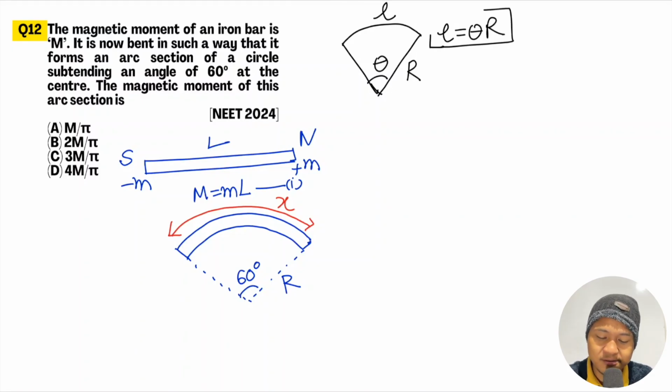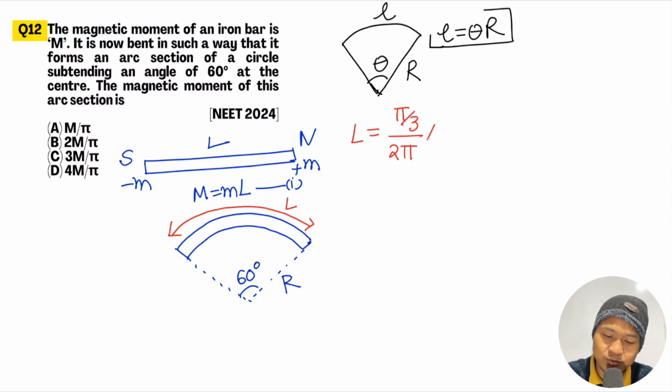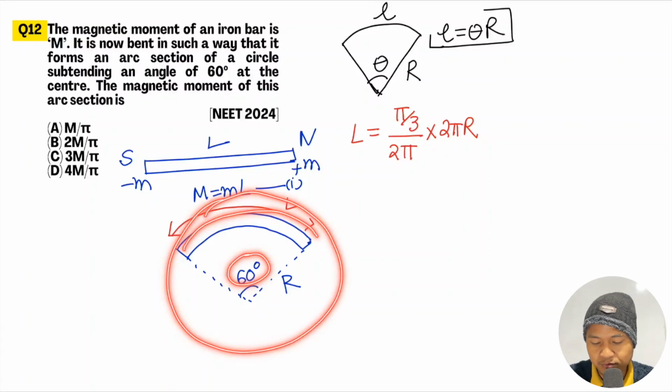So this is basically 60 degrees, which is pi by 3. So pi by 3 by 2 pi into 2 pi r. Here 60 degrees is out of an overall 360, and the length is 2 pi r.